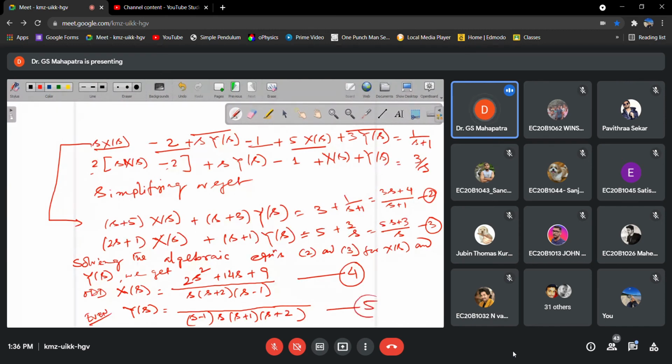This one is 5. So 4 and 5. Even roll number, what is the numerator for y of s?